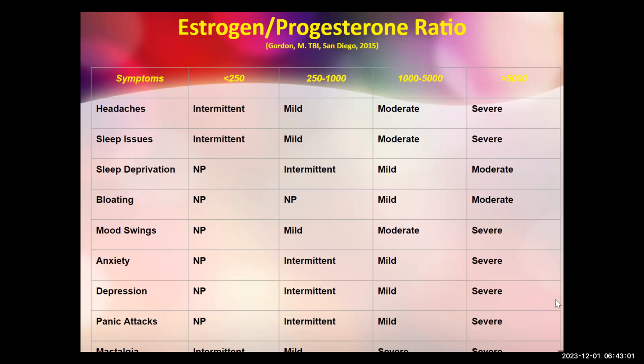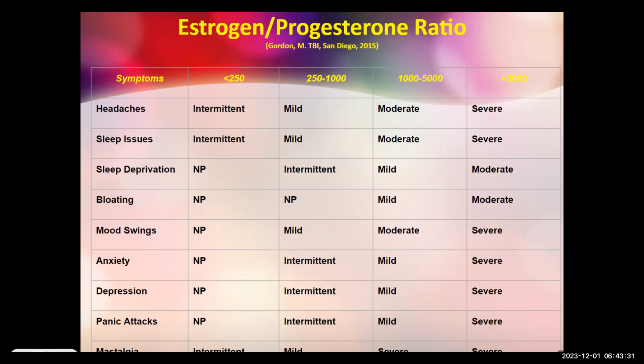Somatic symptoms would be headaches, agitated, irritable, can't sleep, poor libido, short-tempered, the mood swings and panic attacks. So it's a combination of the cystic issues that you get with estrogen and the lack of progesterone. So that's your estrogen progesterone ratio. We want that to be less than 250.